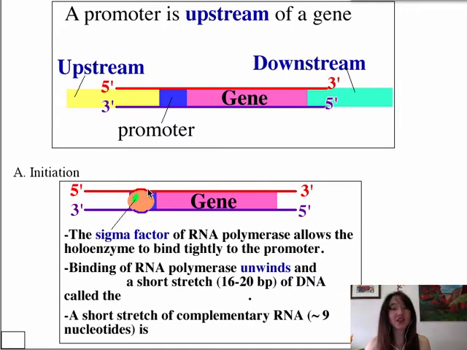So remember how I mentioned that RNA polymerase doesn't require anything special to melt the DNA on its own. It just automatically denatures or breaks the hydrogen bonds in between the 2 strands of DNA and unwinds and denatures that local stretch. And it's about 16 to 20 base pairs. So remember, we called it the transcription bubble. So that bubble is roughly 16 to 20 base pairs long.